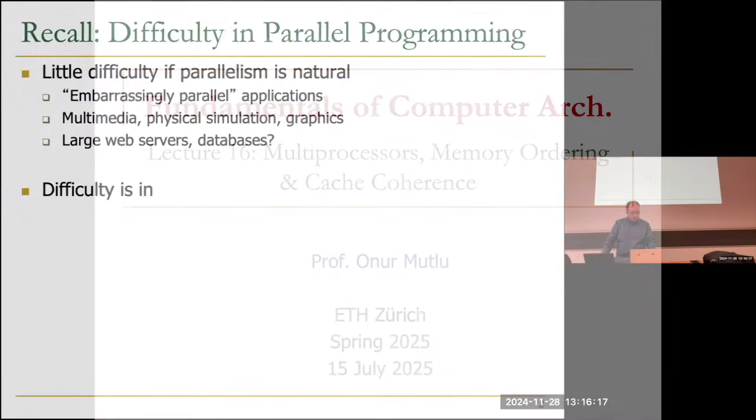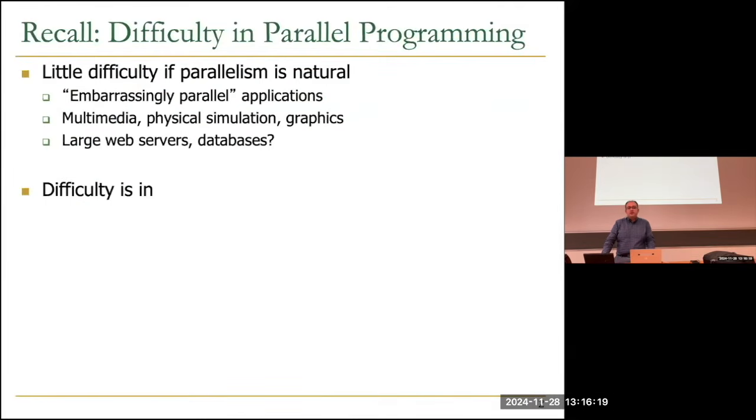Okay, so I'm going to start today's lecture with this recall from last week. Essentially, we were discussing the difficulty in parallel programming. And we said that there is little difficulty if parallelism is natural, like when we have embarrassingly parallel applications, like multimedia, physical simulation, and graphics.